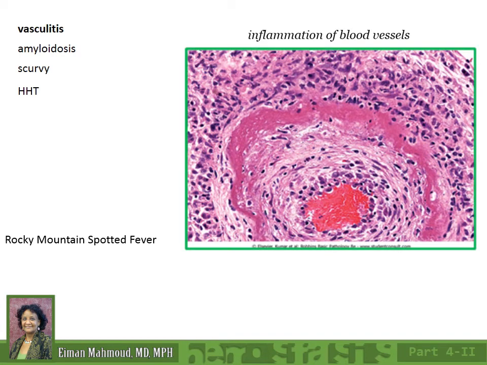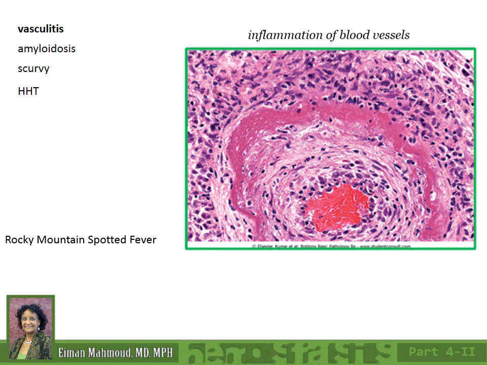The next slide is the fibrinoid necrosis. And remember what we said about fibrinoid necrosis: there is inflammation of the wall of the blood vessel, which will affect the integrity of the endothelium.